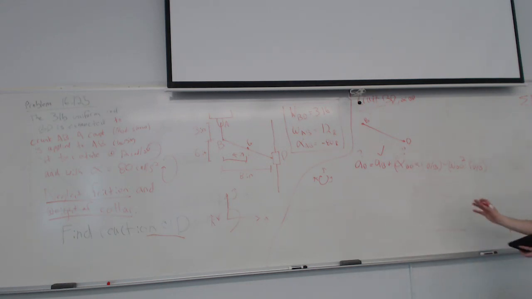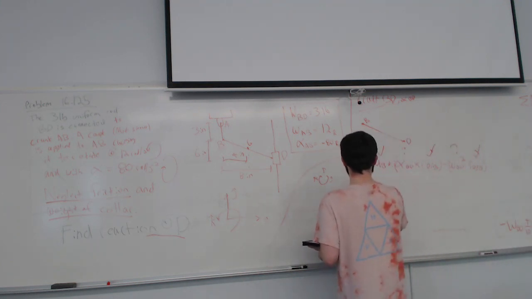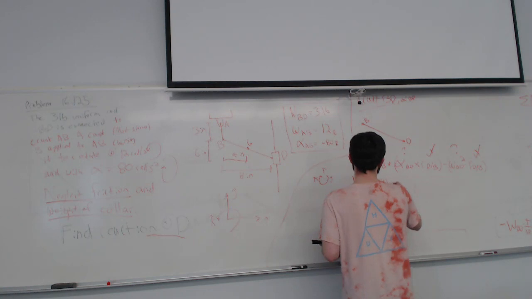I don't know it, but that's okay because I'm trying to find it. So it's actually good that it shows up, right? The position vector I can get. Angular velocity of BD, I do not have that, so that's bad. So, next step, I need omega BD.